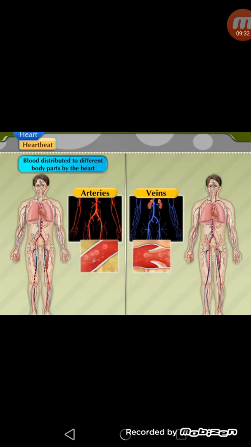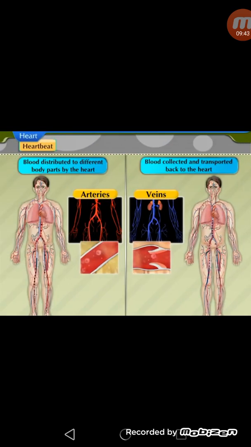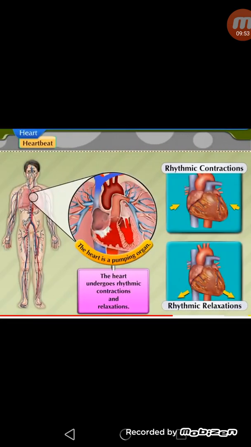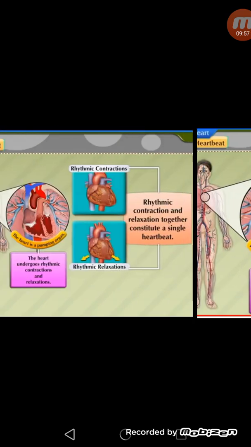As you can see, here are shown two types of blood vessels, arteries and veins. Arteries supply, we can say, oxygenated blood, and veins supply deoxygenated blood. Here you can see in the pictures how these supply blood to different parts of the body. And the heart is a pumping organ. The heart undergoes rhythmic contraction and relaxation.